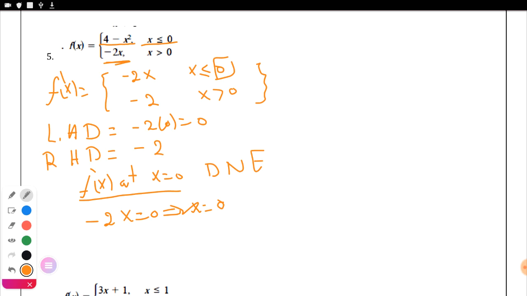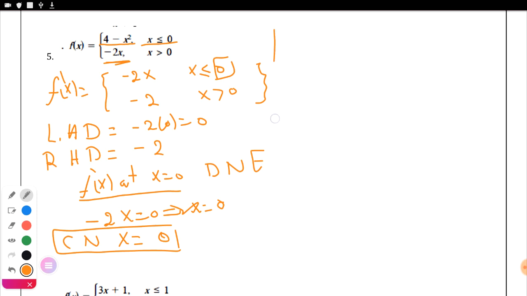In this case, I write: critical number x equals 0. Have you understood? You have to discuss whether the function is differentiable or not at the value of x where we have a different rule before it and after it, or around it.